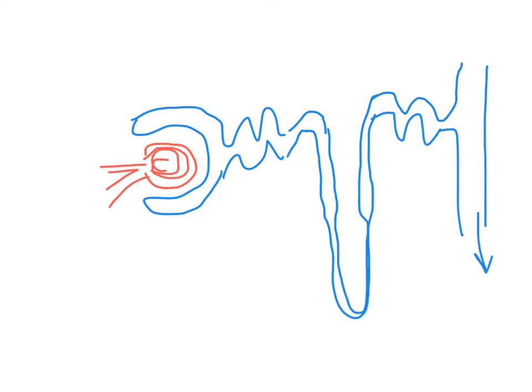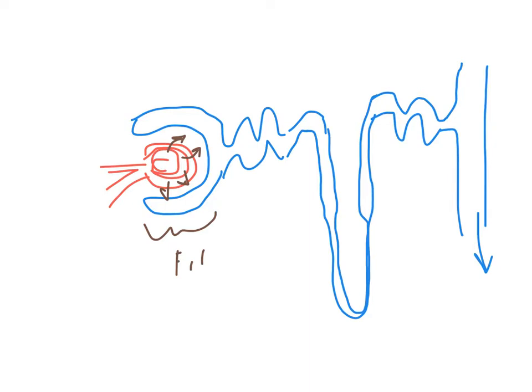So remember what's happening here is you've got blood pressure that's basically making hydrostatic pressure, and that's pushing fluid from the capillaries into Bowman's space. This is a process that's referred to as filtration.